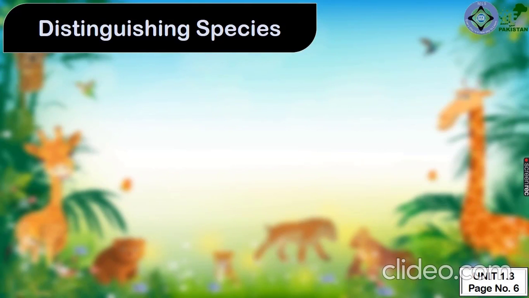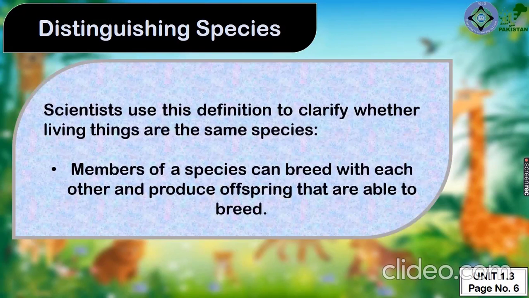That's why it's written here in your book. Scientists use this definition to clarify whether living things are the same species. Members of a species can breed with each other and produce offspring that are able to breed.